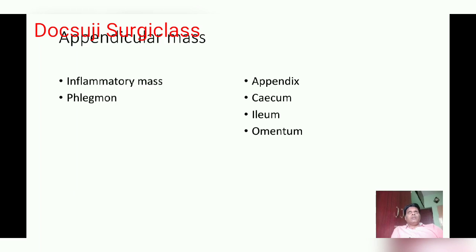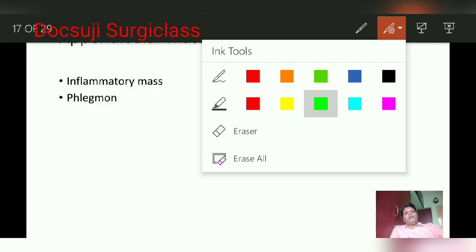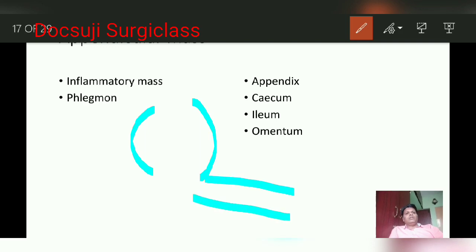Next, the most important two diseases I am going to talk about. One is the appendicular mass. What is an appendicular mass? An appendicular mass is an inflammatory mass. So what happens because of the inflammation of the appendix? This is the cecum, this is the ileum, you got an appendix.